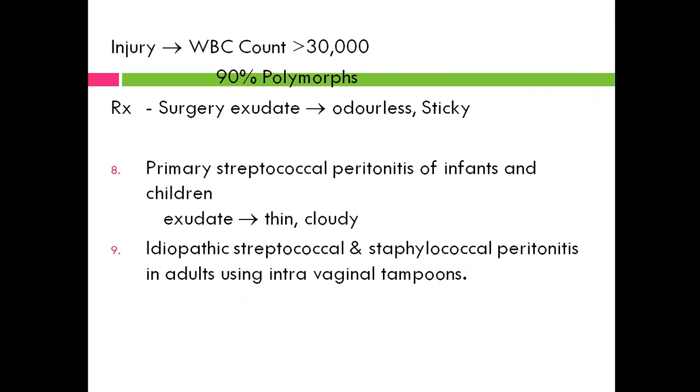You see the exudate. It is odorless and sticky. Primary streptococcal peritonitis of infants and children, the exudate is usually thin and cloudy, and you may get even an idiopathic streptococcal and staphylococcal peritonitis in women using intravaginal tampons.